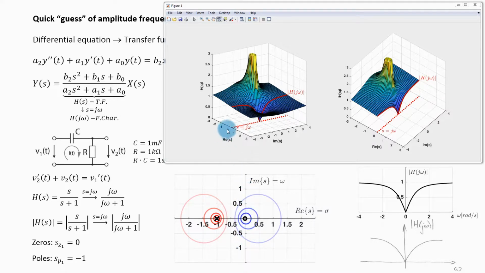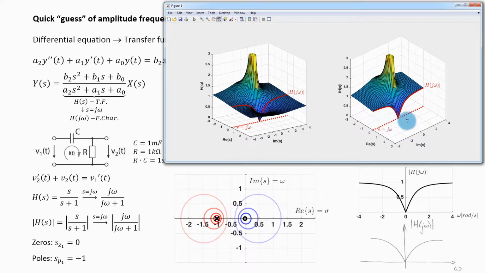So when I say that my amplitude frequency characteristic is the magnitude of the transfer function at s is equal to j omega, that means that my amplitude frequency characteristic are the values of the magnitude of the transfer function above this imaginary axis. These values.